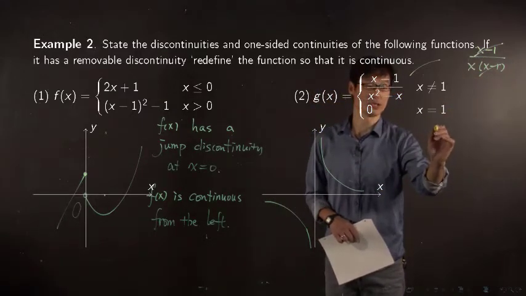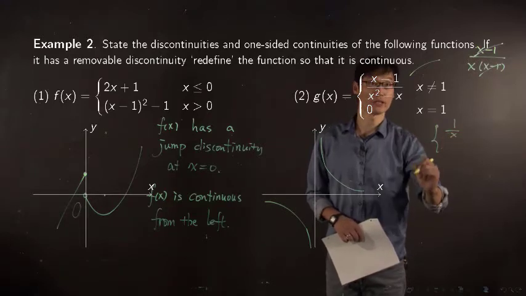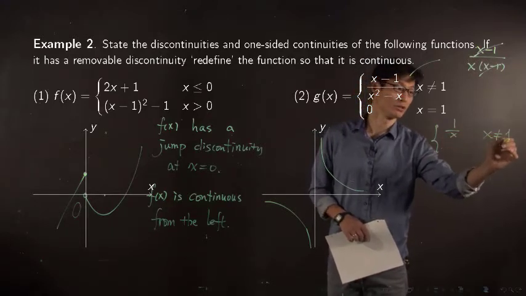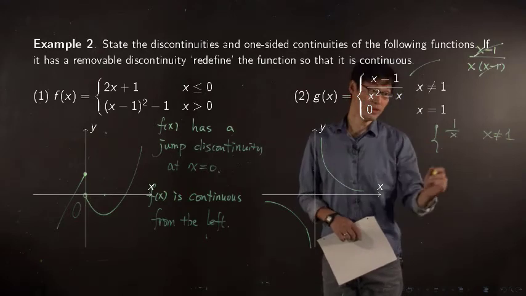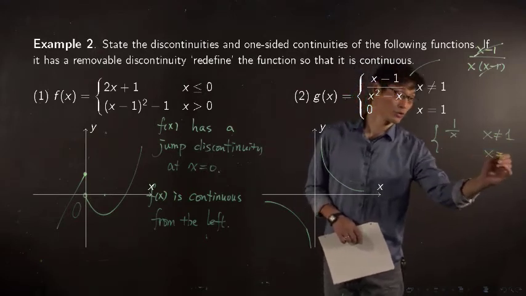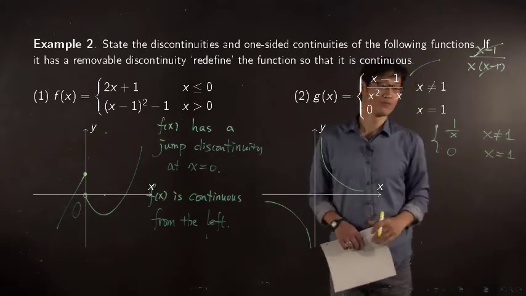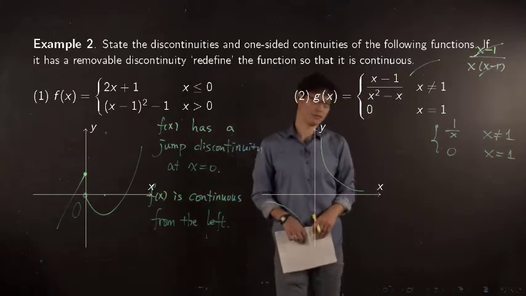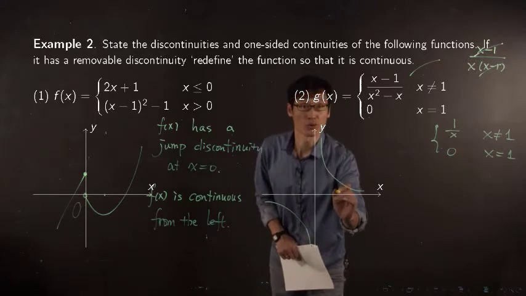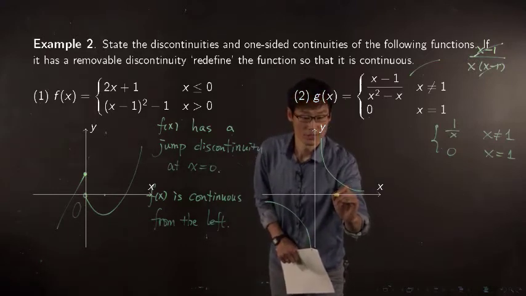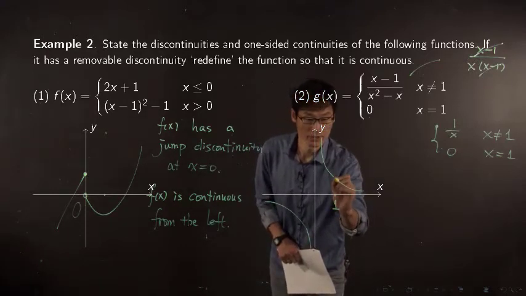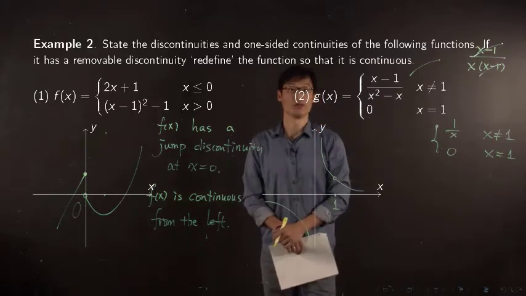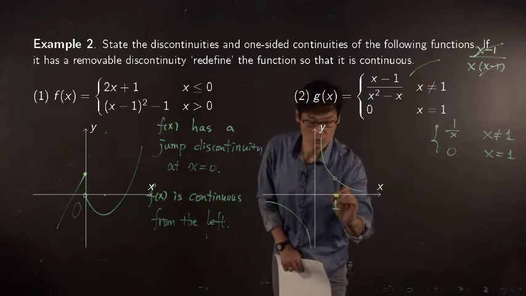So the function is basically 1 over x whenever your x is not equal to 1. And then when your x equals 1, we have value 0. So this function g is almost y equals 1 over x, but when your x equals 1, we have a different value, which is 0.